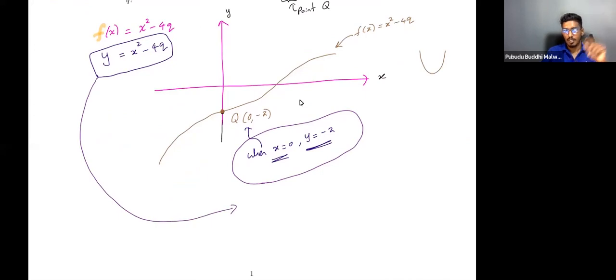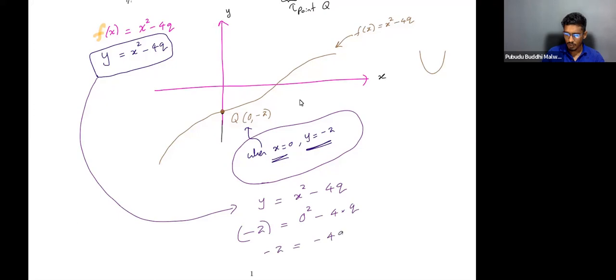So I'm going to replace y and x by these values. y equals -2, and here x equals 0. So 0 squared minus 4 times q. Then we can compute that. -2 equals -4q.